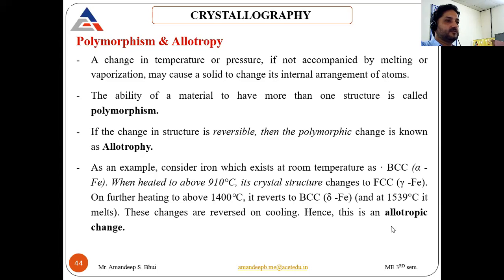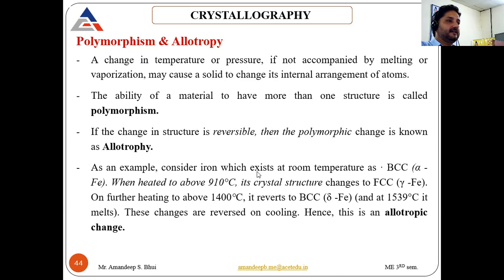If we start cooling this metal from the melted state, when it goes from 1539 back to 1400 degrees centigrade, the structure will change to BCC delta. If we further reduce the temperature to 910 degrees centigrade, the structure will again change to FCC gamma, and at room temperature the structure will change back to BCC alpha iron.